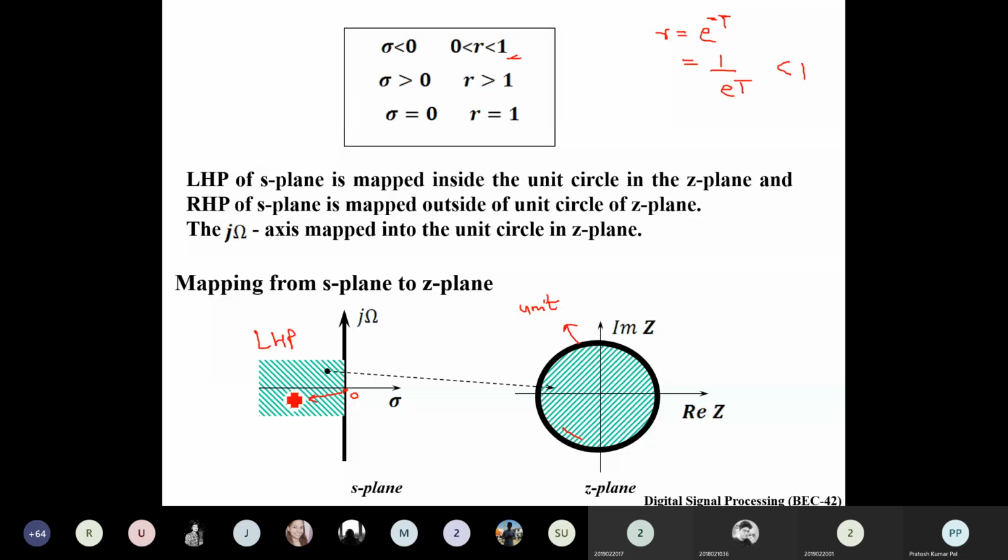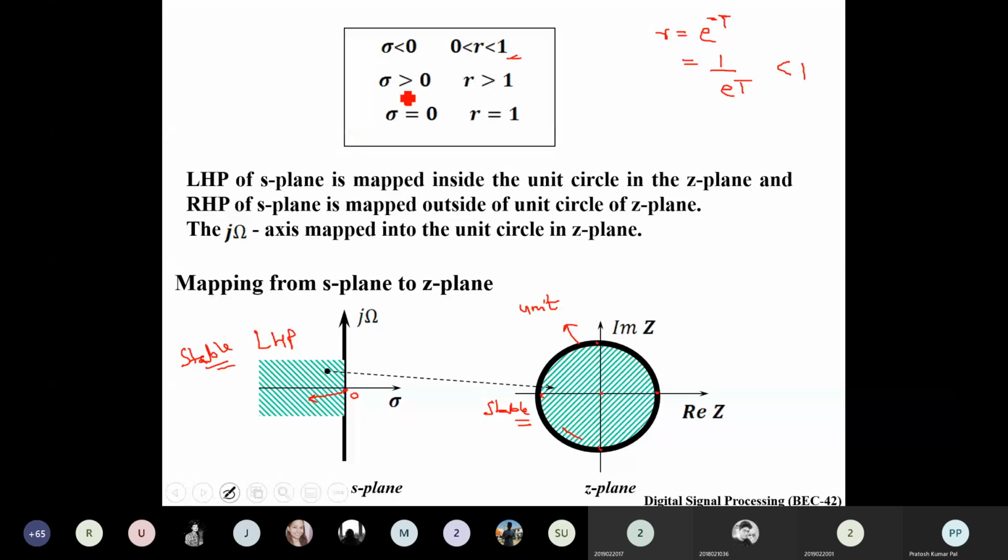All the left half plane values or poles will be directly mapped within the unit circle. So this will always be within the unit circle. If this is a stable system in the s plane, meaning it has poles in the left half of the plane, it will similarly be a stable system in the z plane also. So a stable s plane system will have a stable z plane system.